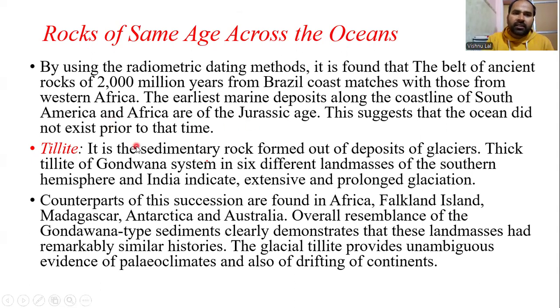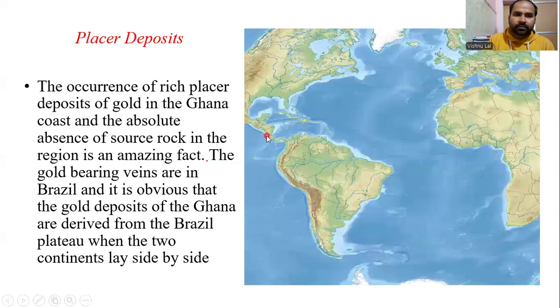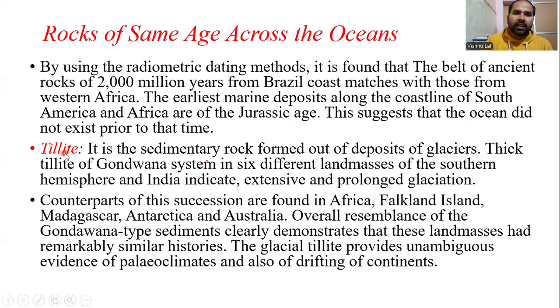Next, after that, you will see about the tillite deposits here. Tillite is a sedimentary rock, and this is formed by the deposits of sediment by the glacier. So whatever sediment is deposited by the glacier, that is known as tillite.